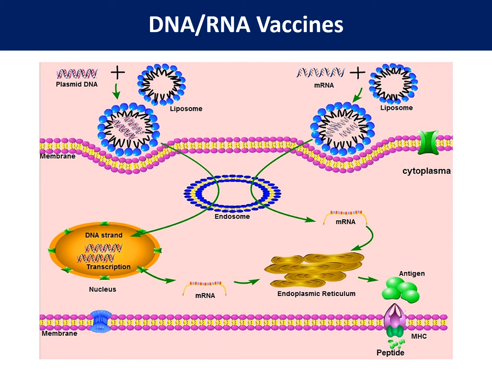But with mRNA vaccines, it is actually one step ahead of DNA vaccines. Here the mRNA strands can straight away convey the message to the cells to produce the particular antigens.